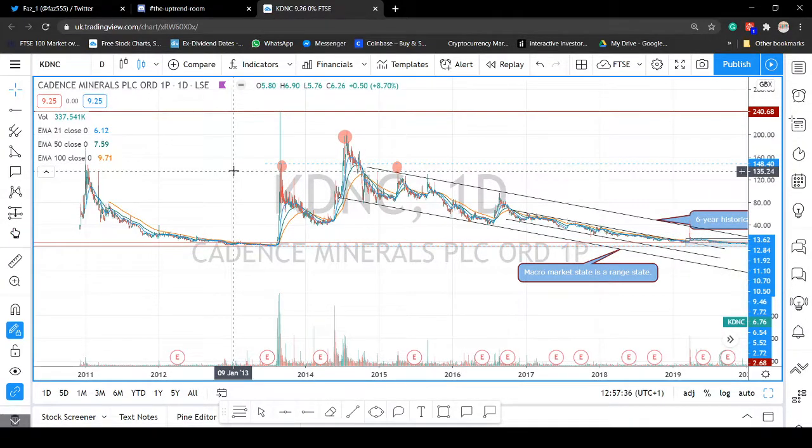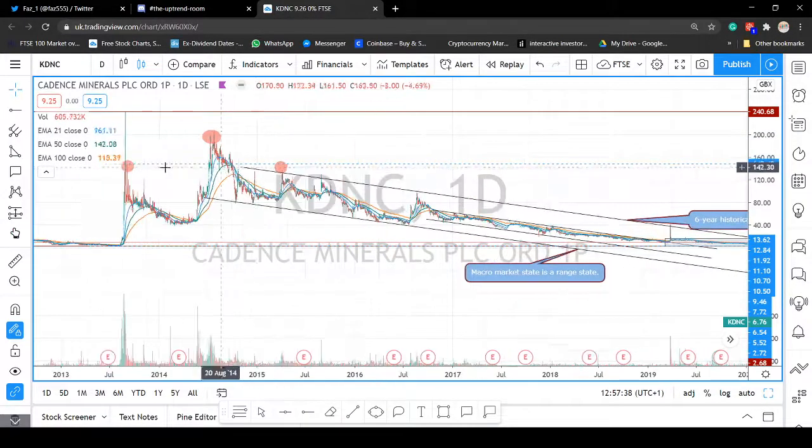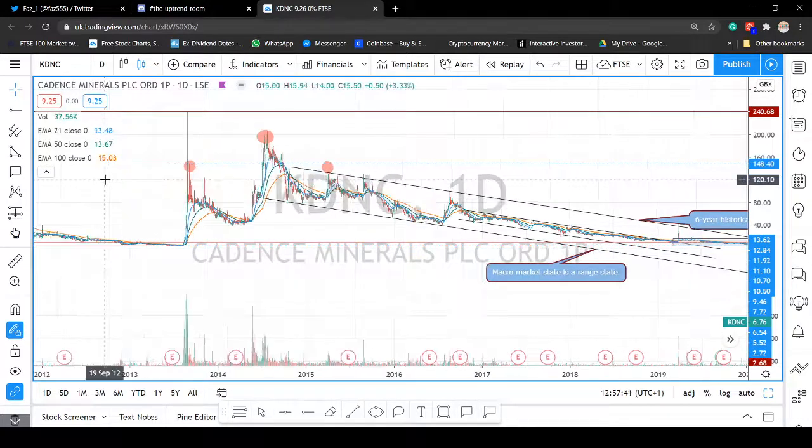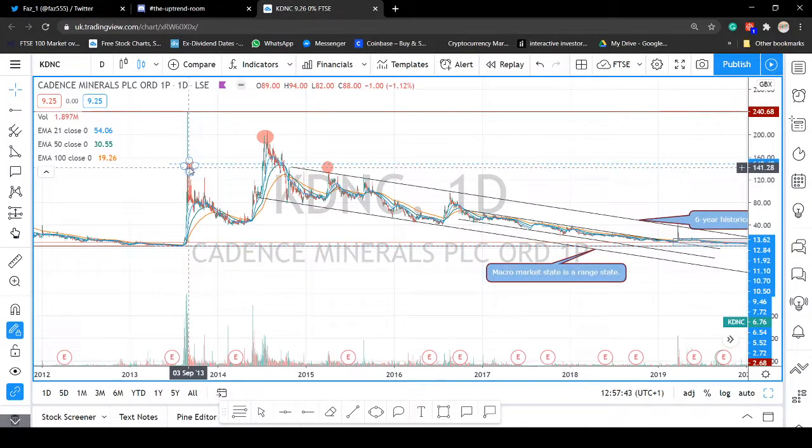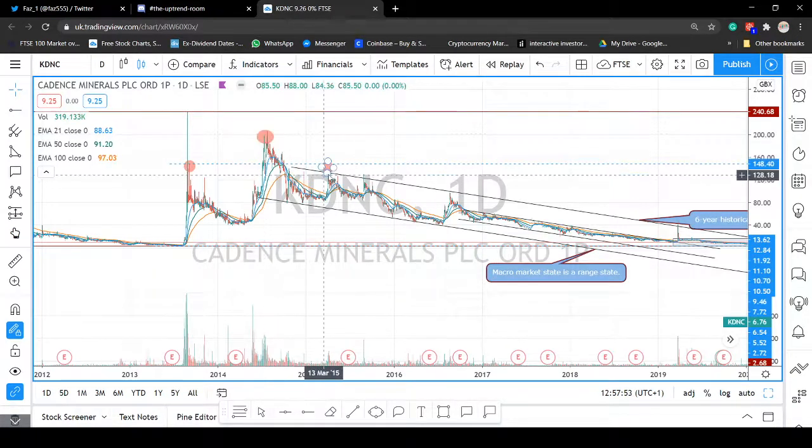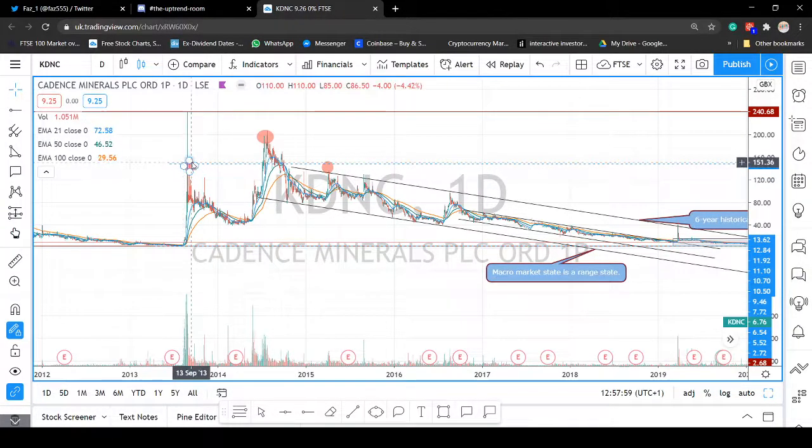And then, as we can see on the super macro, we had a head and shoulders reversal. The left arm formed around early September 2013. The head formed mid-July 2014. The right shoulder formed late March 2015. As you notice, guys, we draw a close to the left shoulder of the head and shoulders.